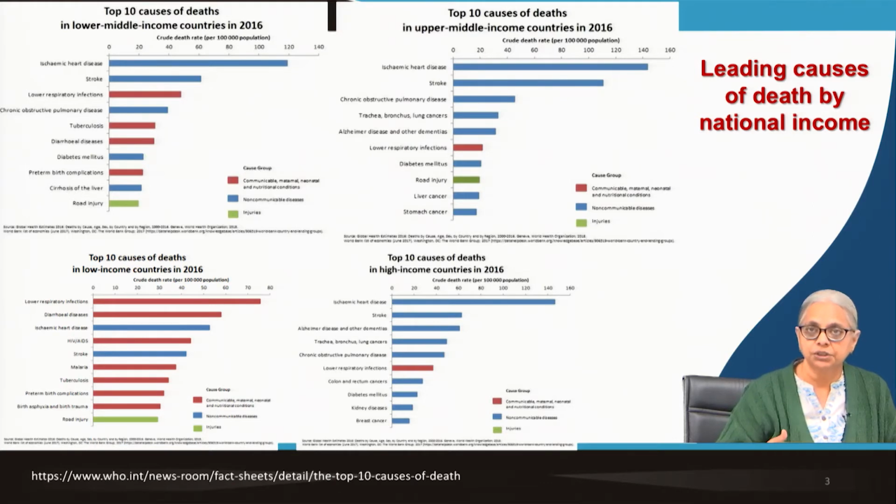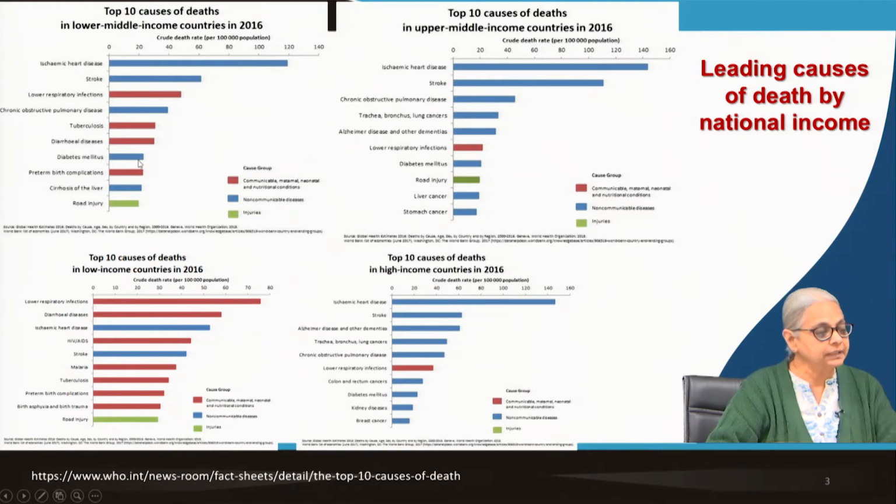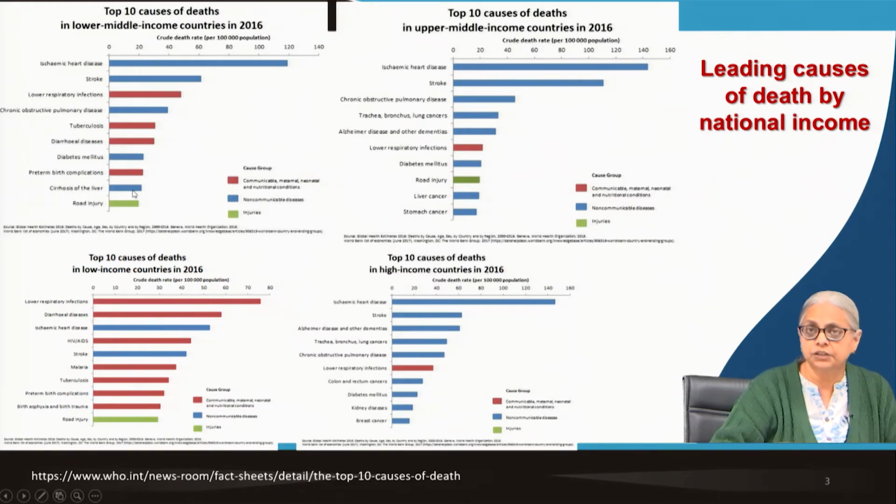You get better infrastructure, better health care, better education. All these factors contribute to less morbidity and less mortality for the society, for the population. So if you look at lower middle income countries, you can see the number of red bars has dropped to 4 from 7, and these are lower respiratory infections.